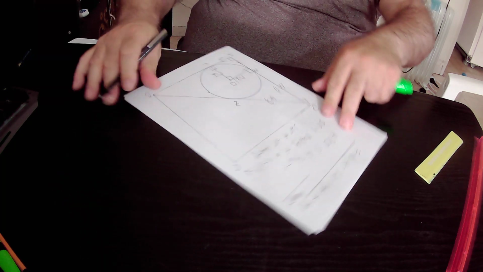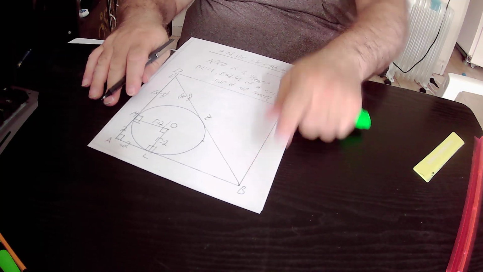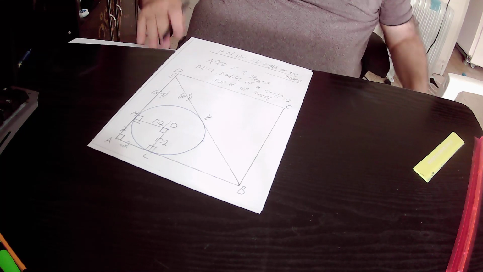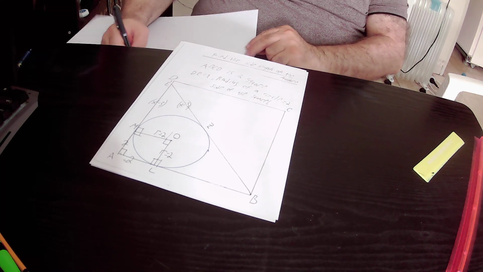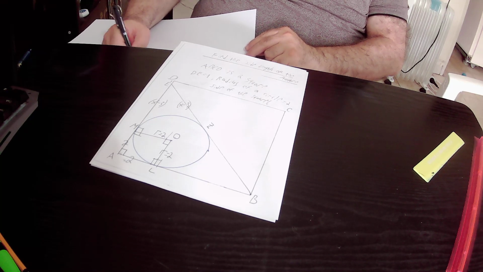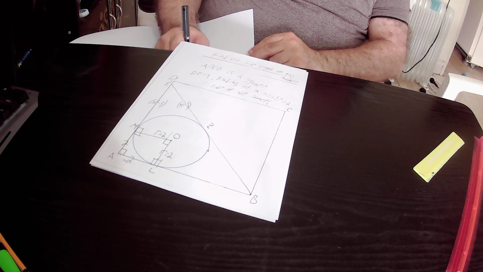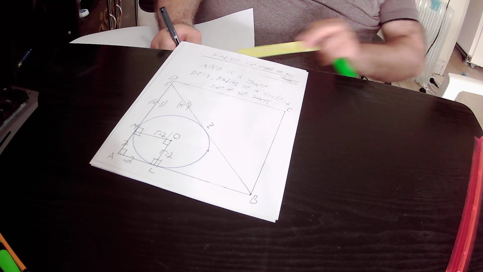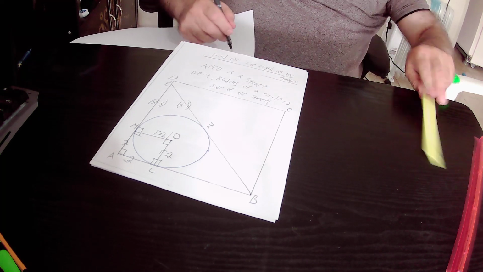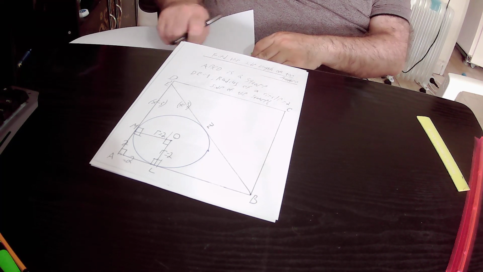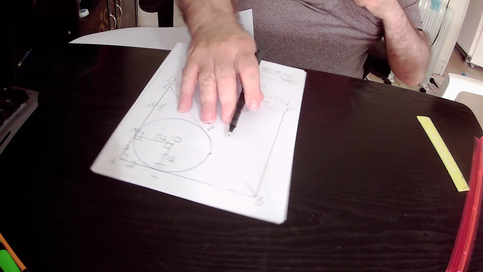In the next step we will focus on the common external point, point B. From the common external point B, we have two tangents to this circle.